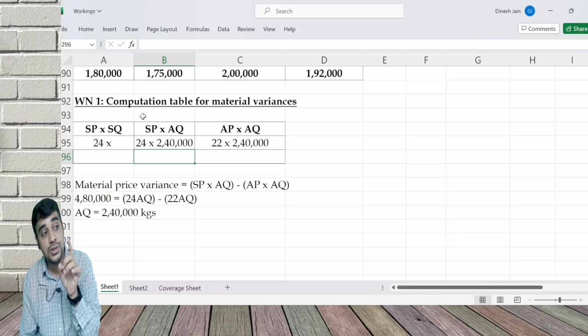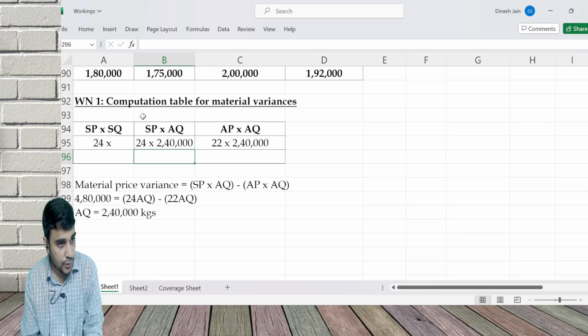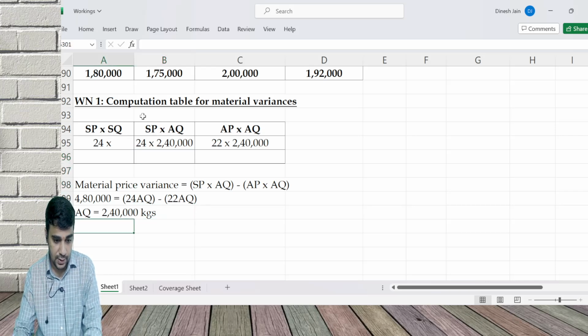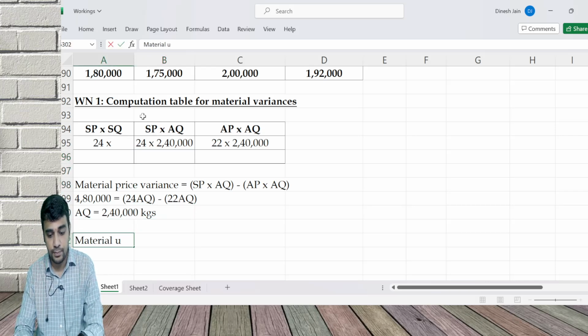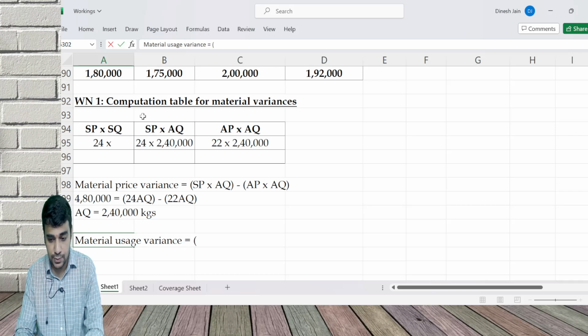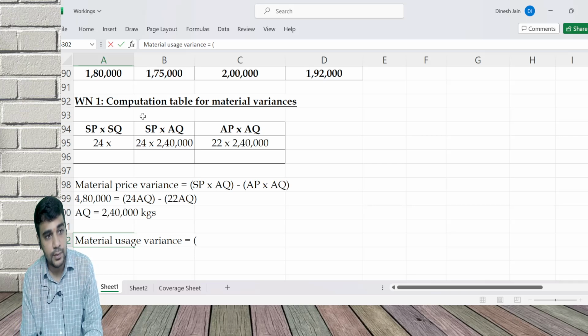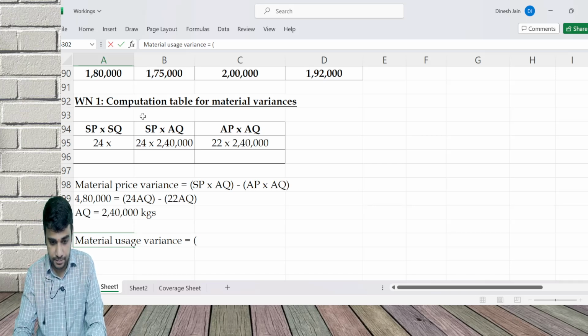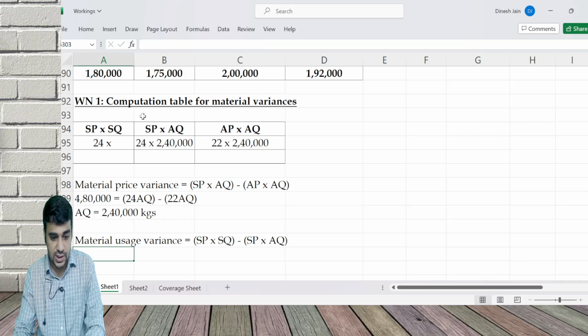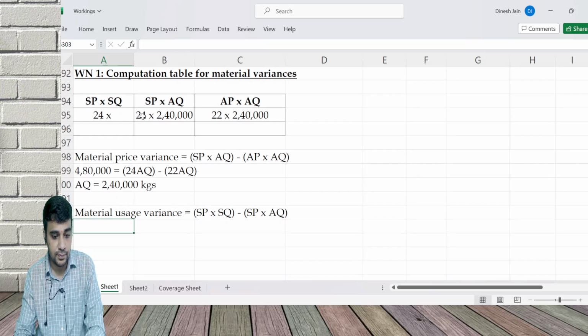Now I will use the usage variance. That will give me SQ. Next, material usage variance is equal to, what's the formula? SP into SQ minus SP into AQ. How much is the usage variance? Favorable or adverse? Favorable.